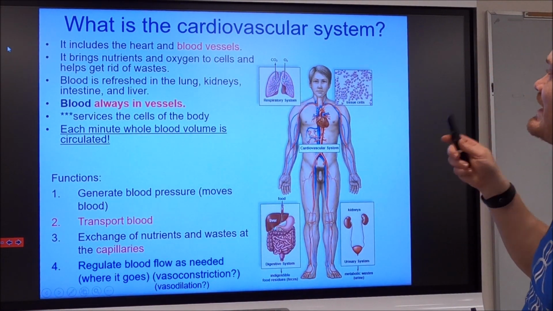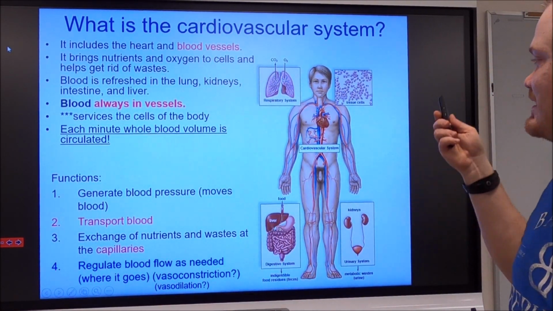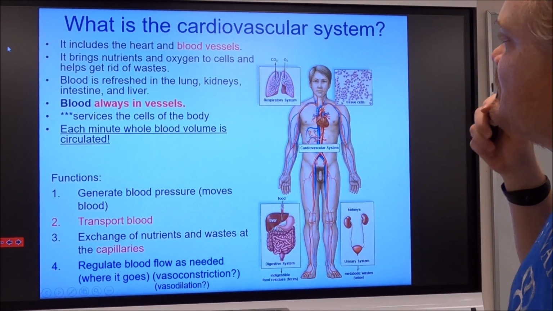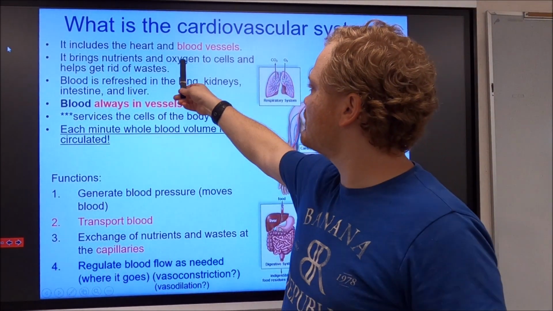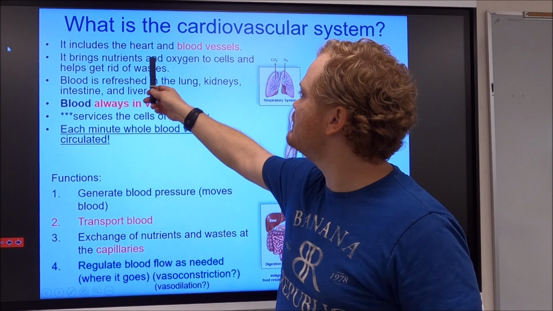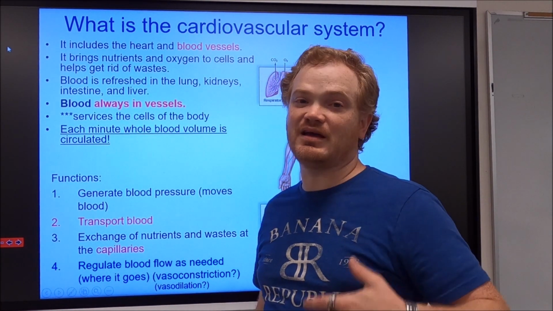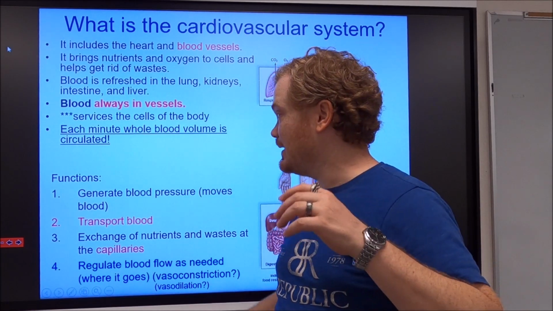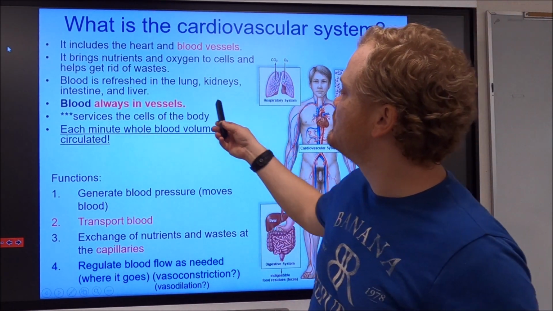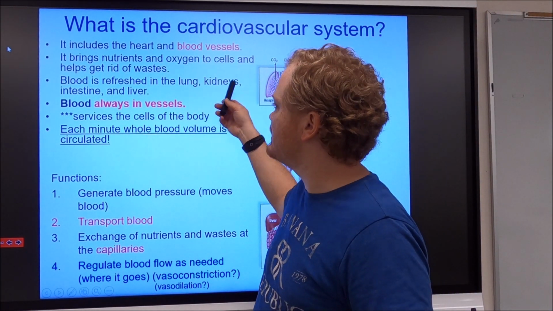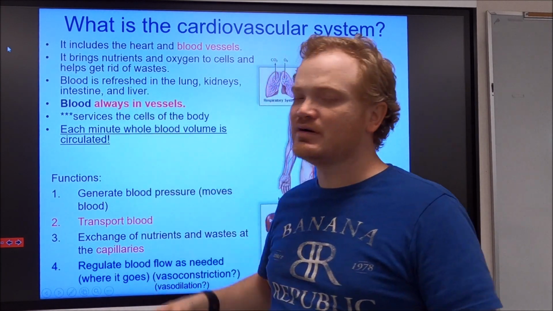All right, so what is the cardiovascular system? You've seen this slide before. The idea is that this is going to include the heart and the blood vessels. We're going to be bringing nutrients and oxygen to our cells while also picking up waste and carbon dioxide and offloading those. The plan is to bring blood to the lungs and the kidneys and the intestines and the liver.